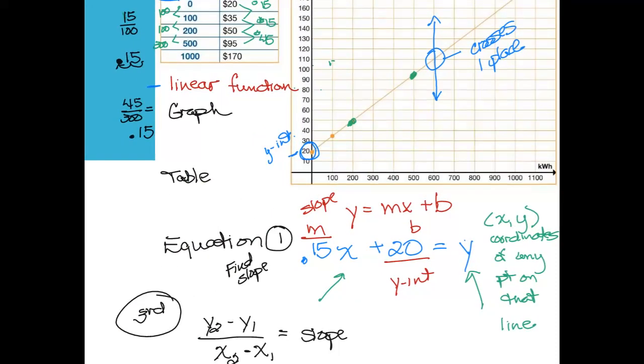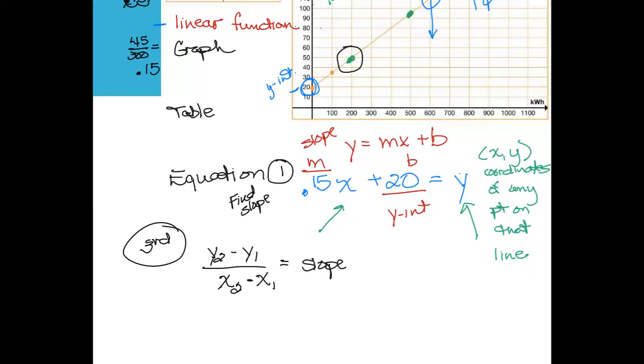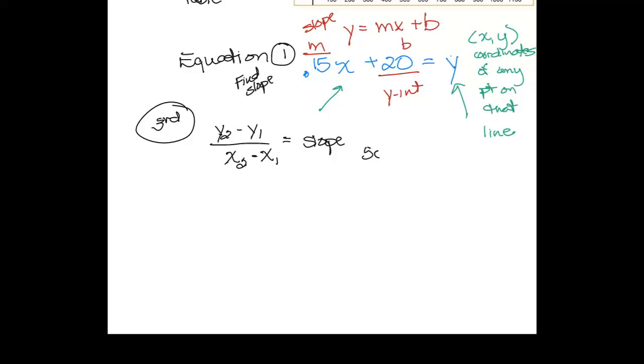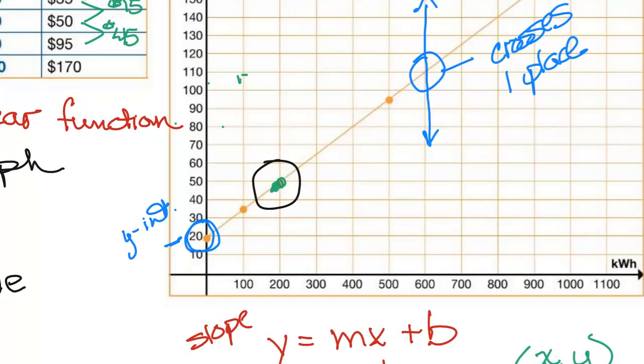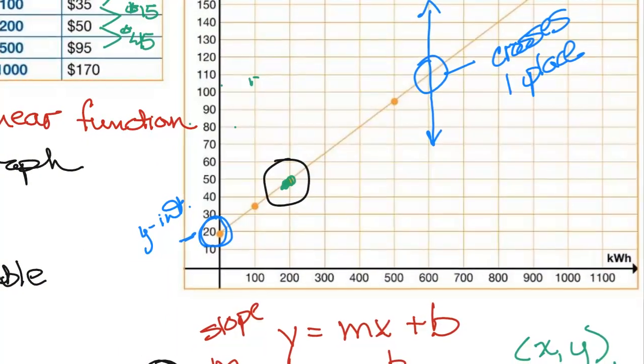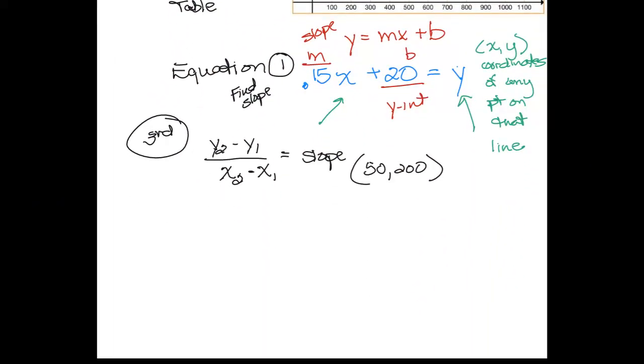So if we look at a couple of points like this, change in y. I kind of made a mess of it, but that is the point 50 to 100. That is on the line. And if I look at this point, well, shoot. Can I tell what that is? Not very easily. Let's see if it's 95, 500. Change in y.